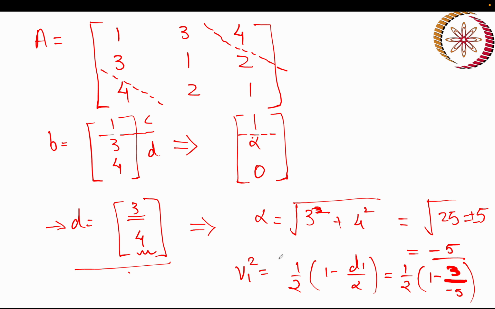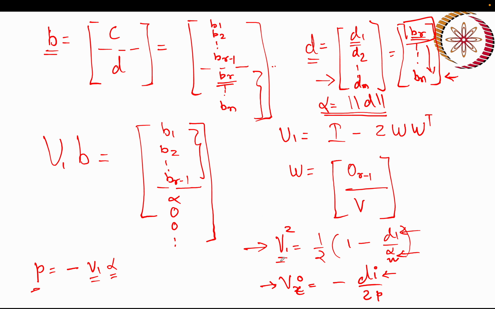Okay. And one more thing I will mention is that the transformation matrix we will be using is, let's say, u1. In that matrix, this w involves this v vector, which we have found out. In order to get this w vector, we are supposed to add zeros till r minus 1.